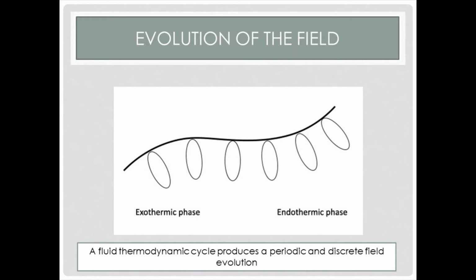If we draw the field just with a smooth line, then we can see that the thermodynamic cycle is connected to the field, and there can be exothermic and endothermic changes which allow difference in the field evolution.